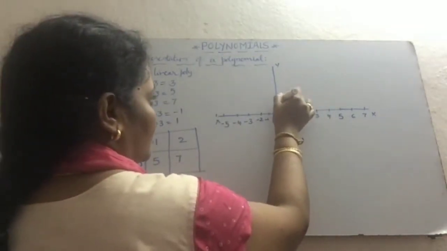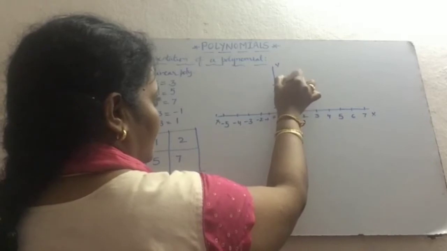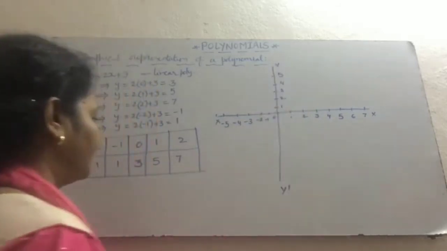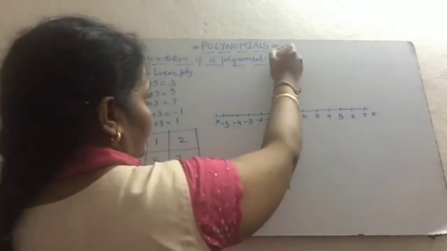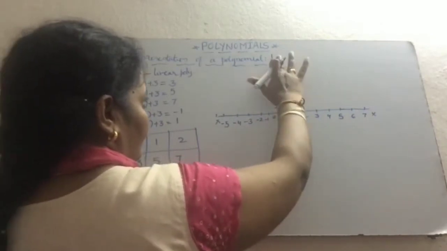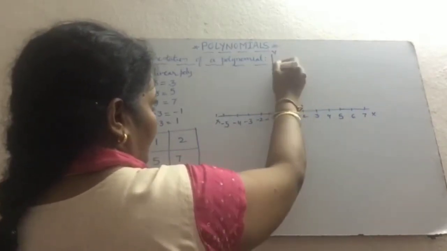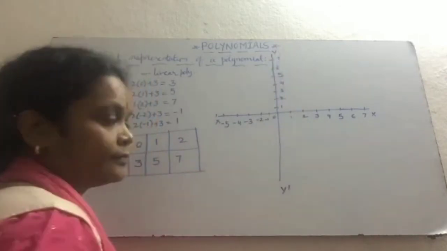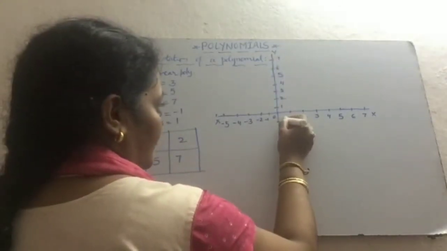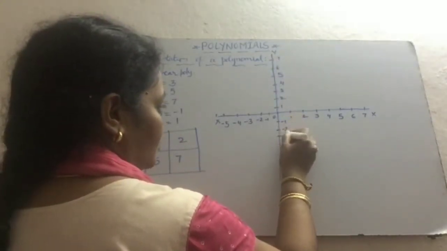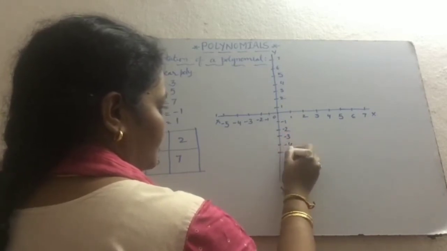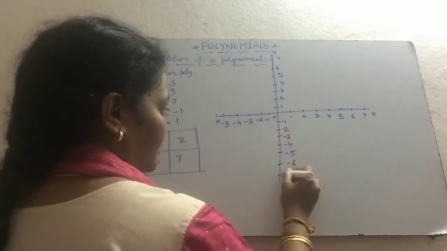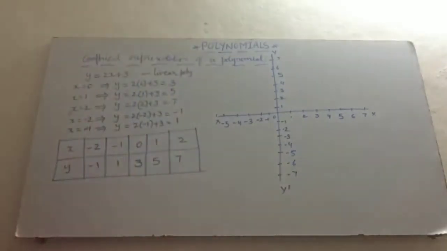So 1, 2, 3, 4, 5, 6, 7, and here -1, -2, -3, -4, -5, -6, -7.